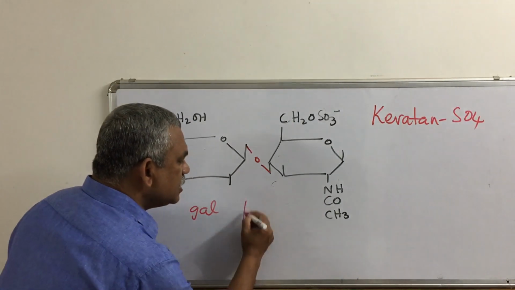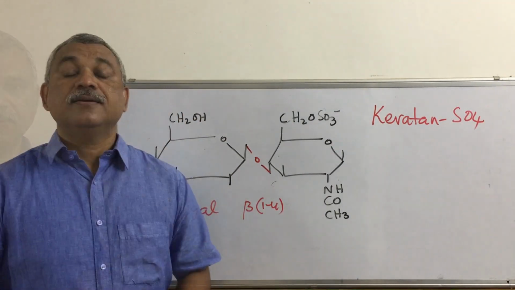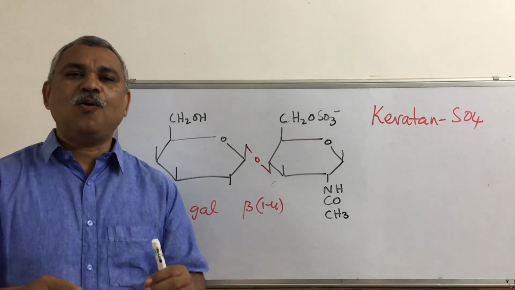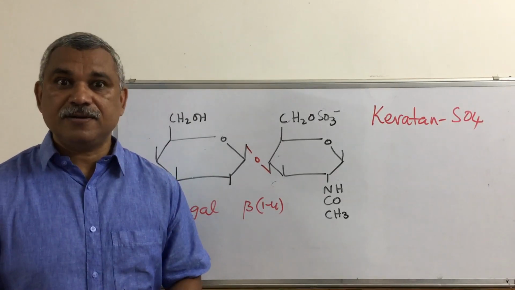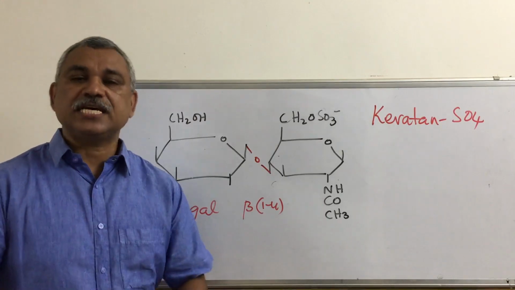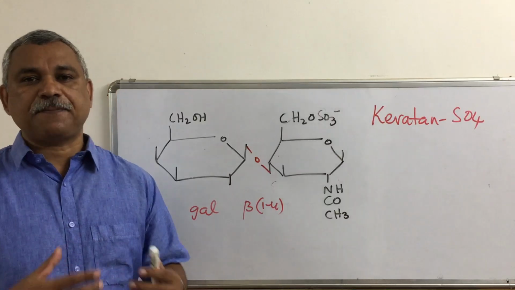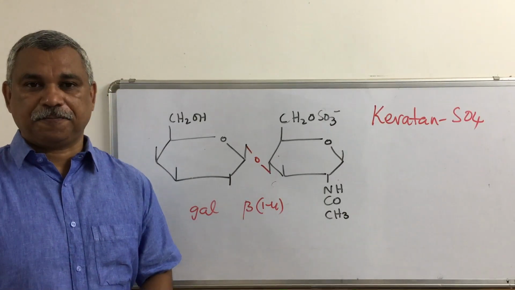The kind of linkage is beta 1,4 linkage. This keratin sulphate is present in all the weight-bearing tissues, for example, like ligaments, tendons, and they are present in cornea. So these are the places keratin sulphate is present. This also has the capacity to absorb water, and it hydrates in the skin.